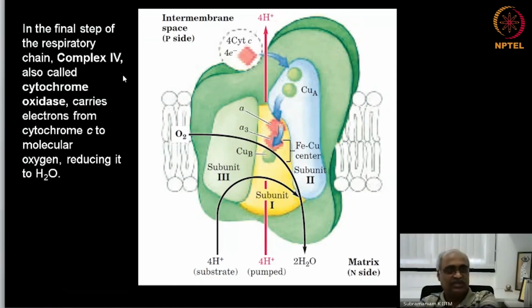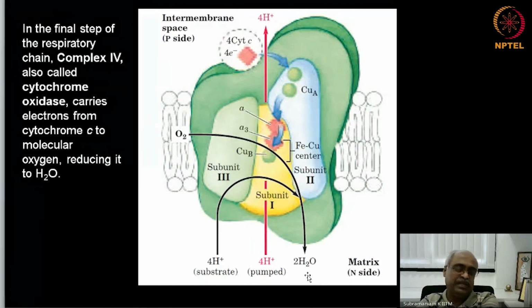This is cytochrome C oxidase, because the other substrate here is oxygen directly. So the electrons are transferred directly to oxygen. For every 4 electrons transferred from 4 cytochrome C, an oxygen molecule is reduced by taking 4 protons from the matrix to 2 water molecules.